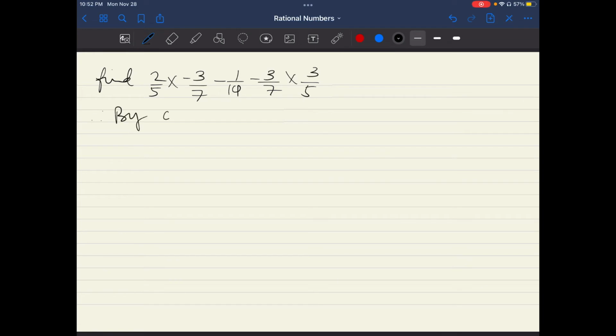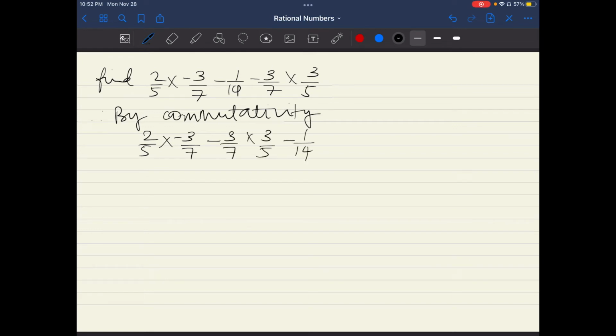Therefore, by commutativity, we can rewrite this equation as 2 over 5 times minus 3 over 7 minus 3 over 7 times 3 over 5 minus 1 over 14. And now we can say 2 over 5 times minus 3 over 7 plus minus 3 over 7 times 3 over 5 plus minus 1 over 14. We can definitely write it like this, right?